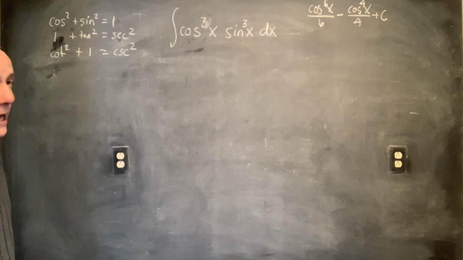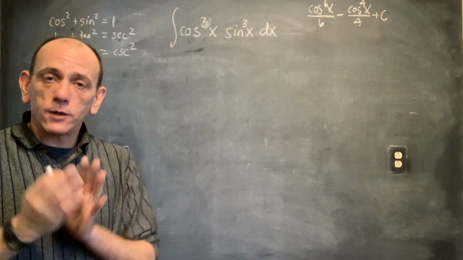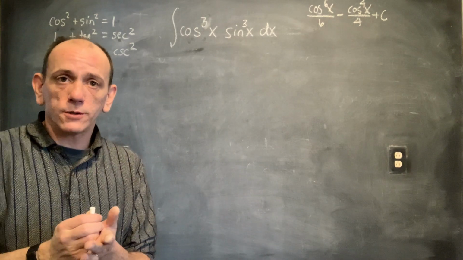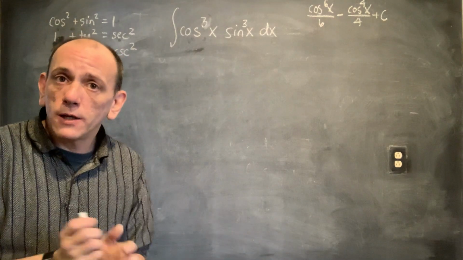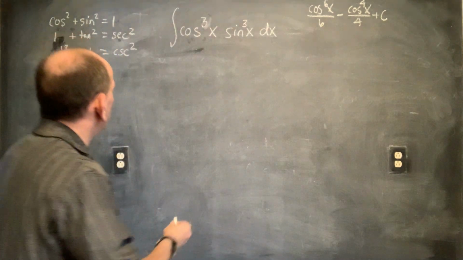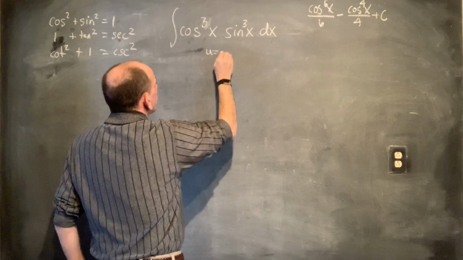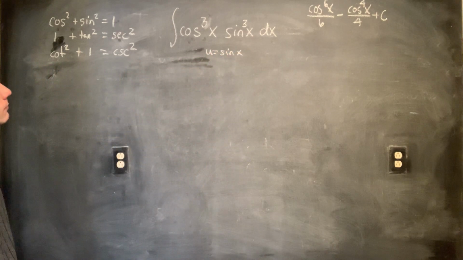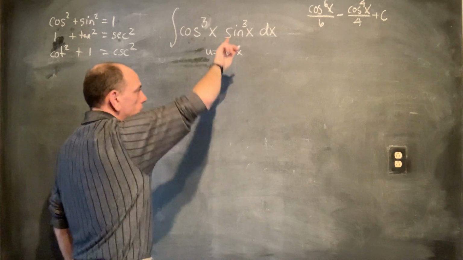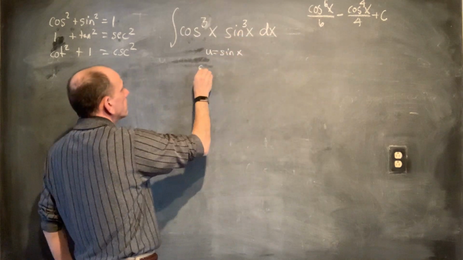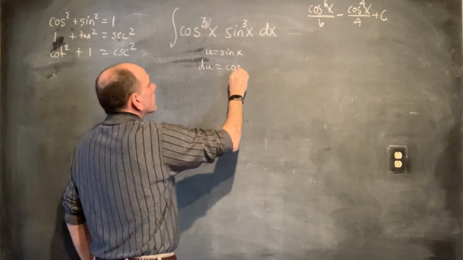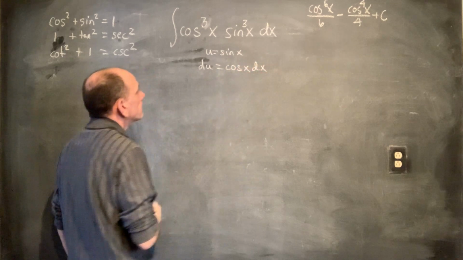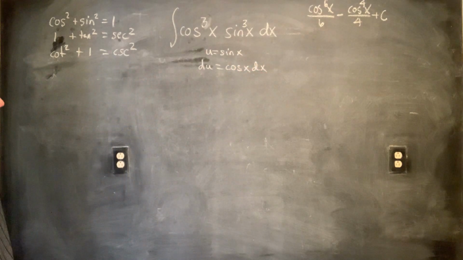So last time we took the route of u equal cosine, and so du was our negative sine. Let's say we instead chose to make u equal to the sine of x, in which case the derivative of sine is cosine of x dx. Okay.